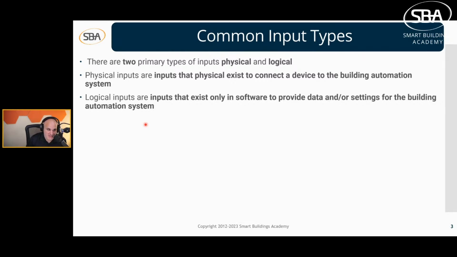You are not physically connecting to that chilled water supply temp. The chiller is actually connecting to it, and it is interpreting it in its microcontrollers and sending it across some sort of communication bus to you. And so the input you're seeing is logical. So those exist, like I said, to provide data and or settings for the building automation system.